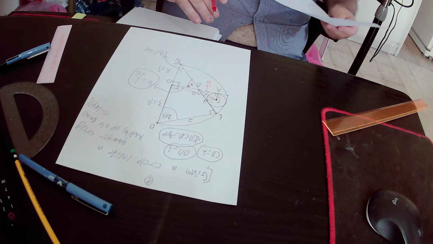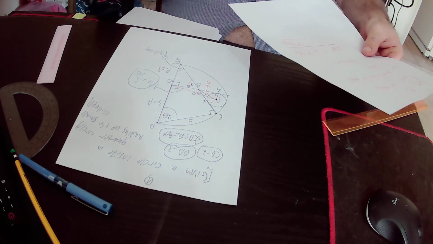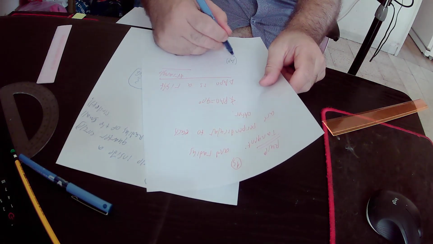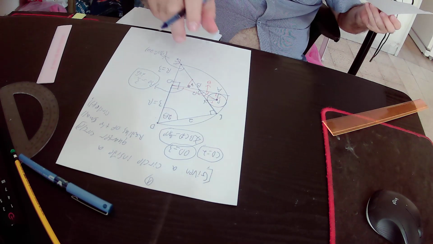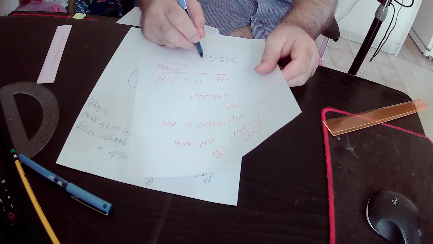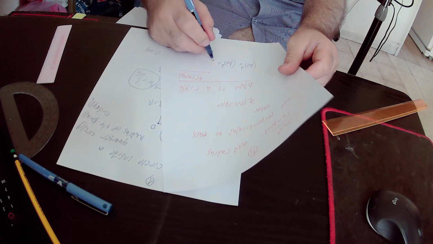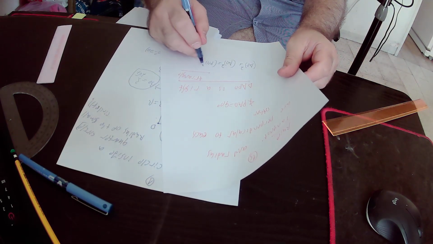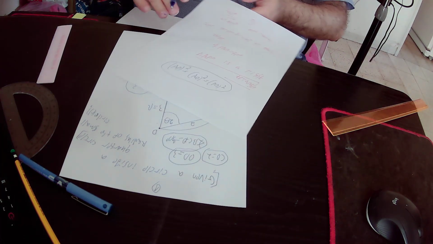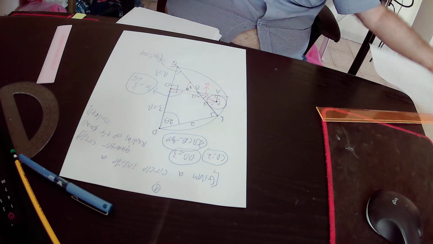So AP square plus AO square, according to the Pythagoras theorem, must be equal to PO square. The hypotenuse is PO, so it is PO square.